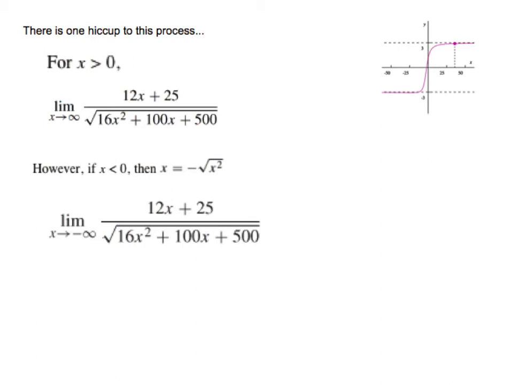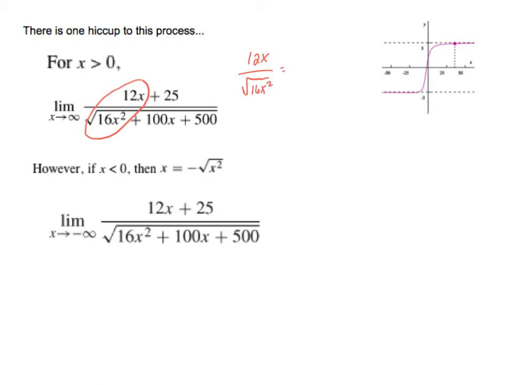All right, I'll call it a hiccup to this process, right? What if it gets a little bit more complicated? So for x being greater than 0, the limit as x approaches infinity of something like this. Well, if I take a look at the largest terms like we've been doing, I have a 12x and I have the square root of 16x squared.